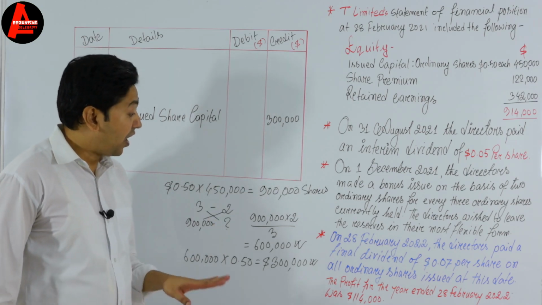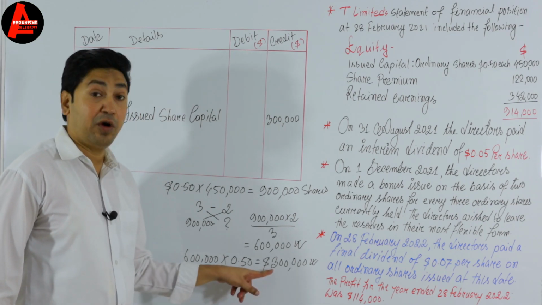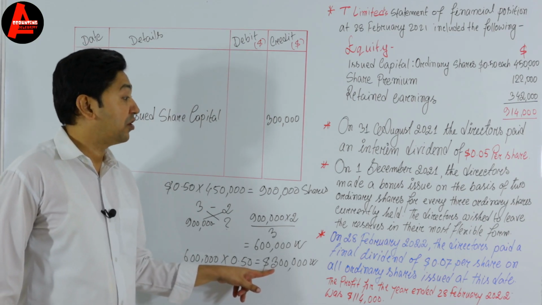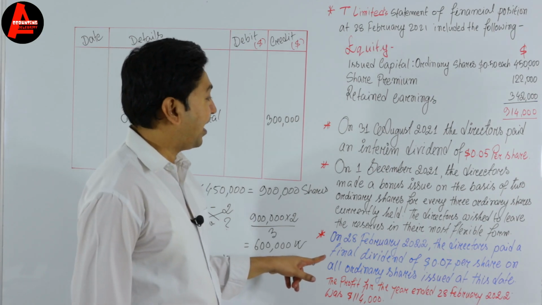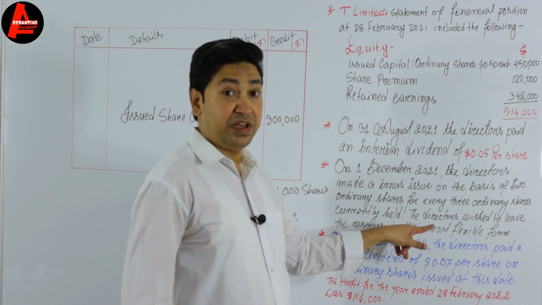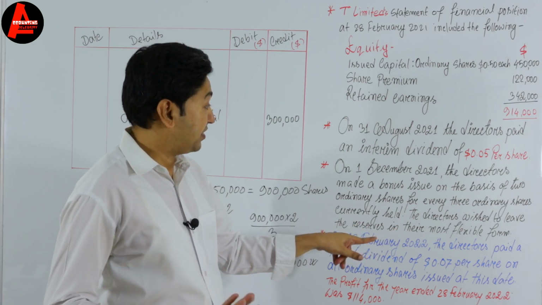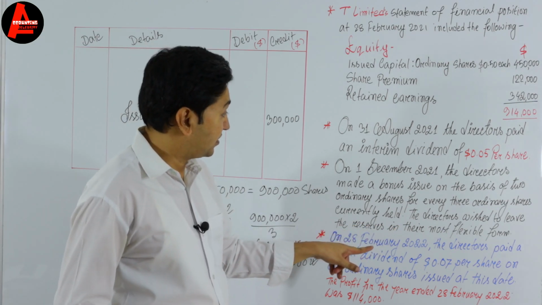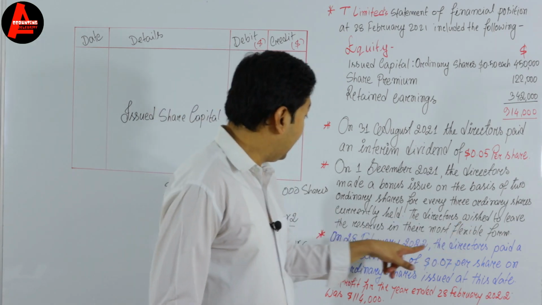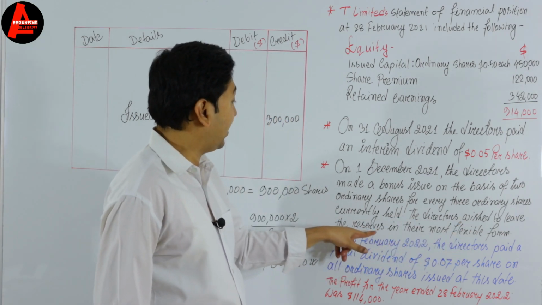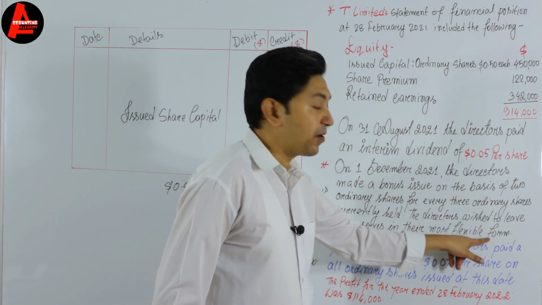Now the question is, how did the business manage this $300,000 amount? It is clearly indicated. Directors means the people who organize and operate the business. They will leave the reserves in their most flexible form.